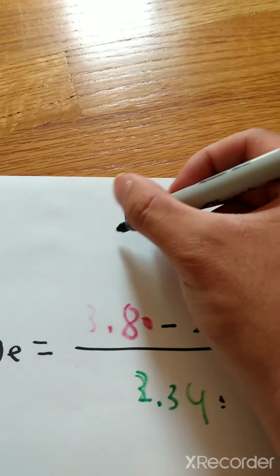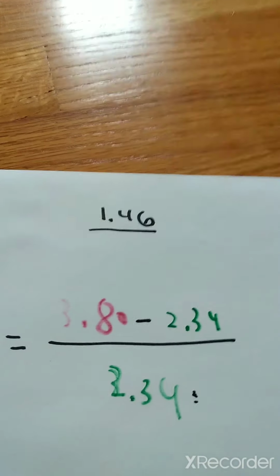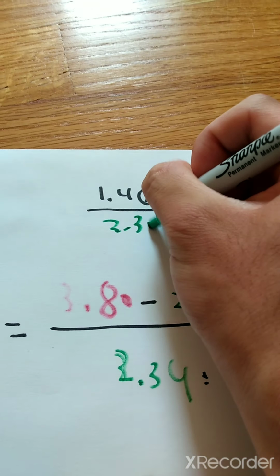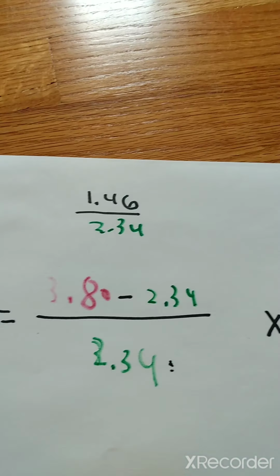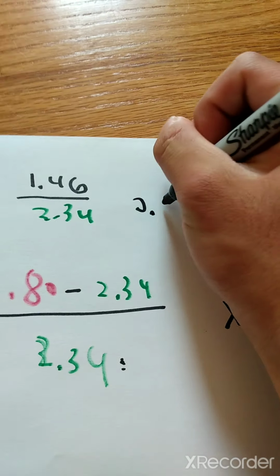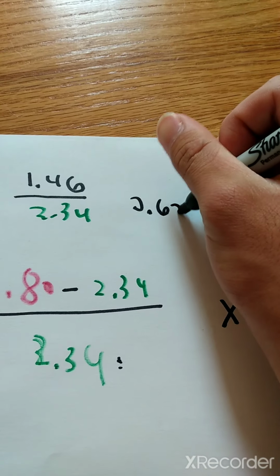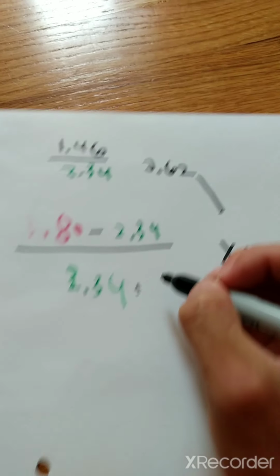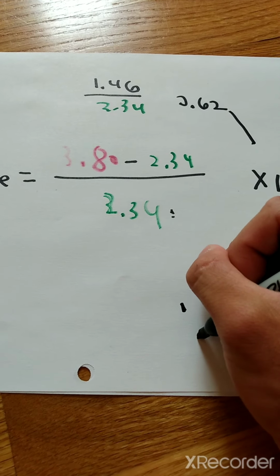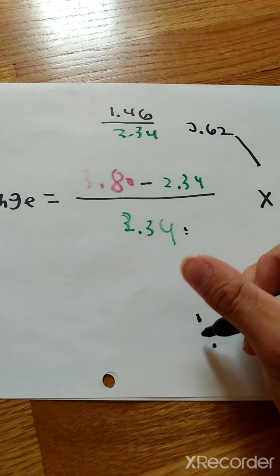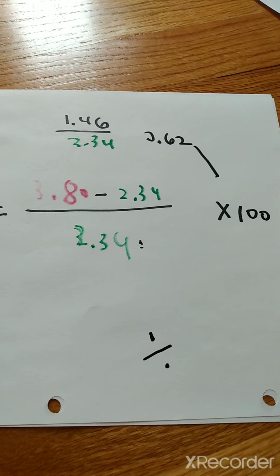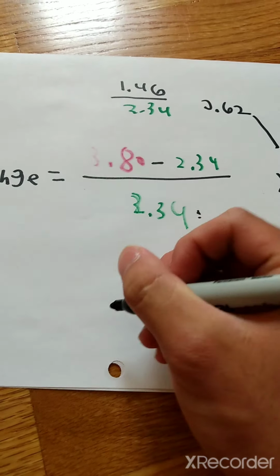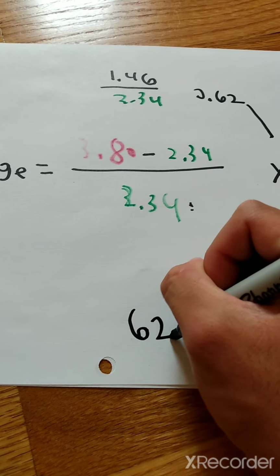So if we do 1.46 divided by 2.34, we're going to get an answer of 0.62. After we get that, we still have to multiply by 100. So our answer for the percent change of Taoping is 0.62 multiplied by 100. We're going to get an answer of 62%.